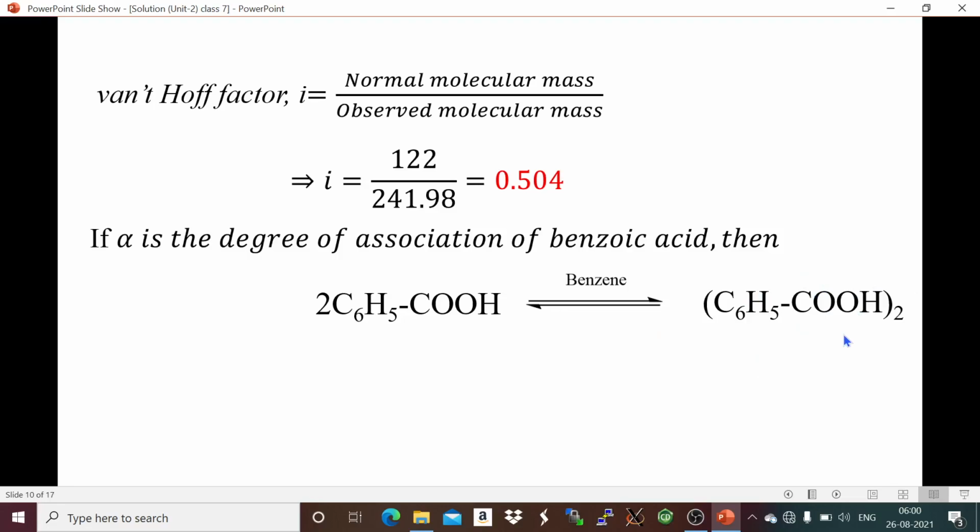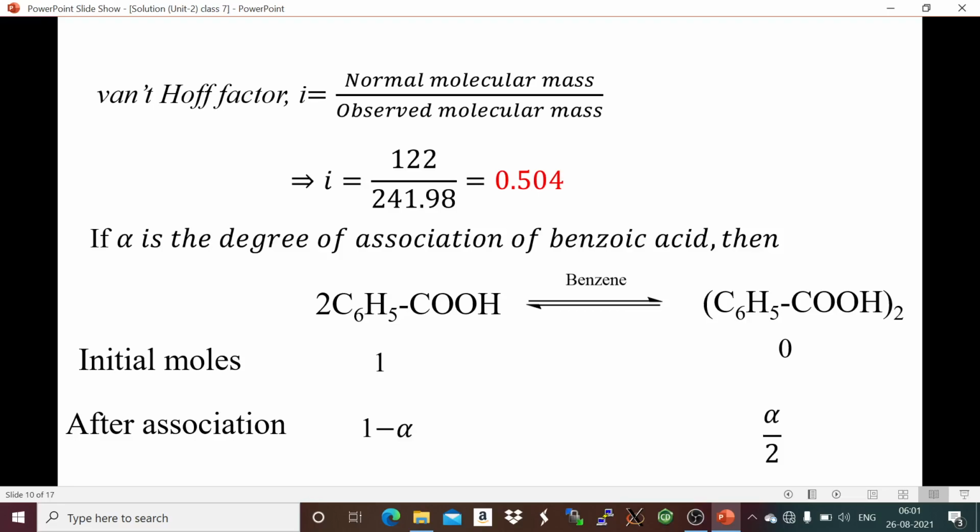If initially 1 mole is present, then product is 0. After association, if alpha is the degree of association, then it is 1 minus alpha, and dimer is alpha by 2.